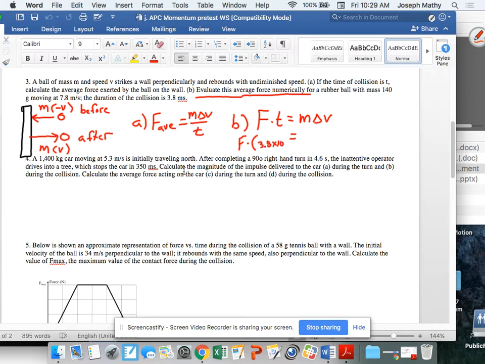That's a millisecond. Don't leave it in milliseconds, 3.8 milliseconds. You got to put it in seconds so that all the units will come out right when we solve this. And then the mass, that's easy. 0.140, got to put it in kilograms.